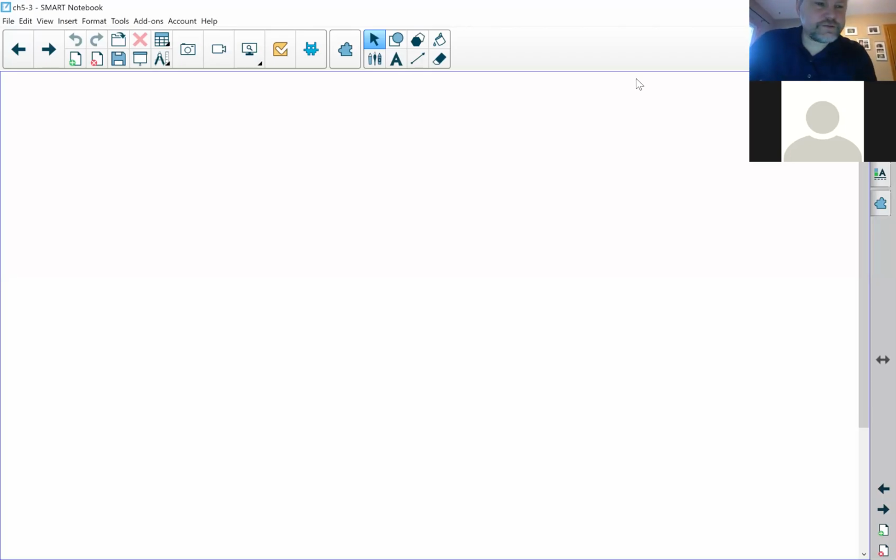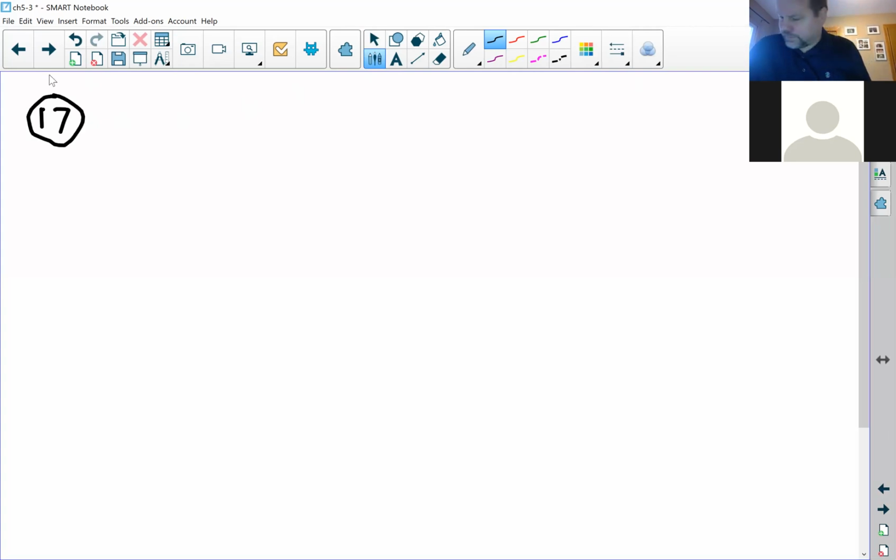All right, so number 17. It says, find an expression for the area under the graph of f as a limit. Do not evaluate the limit.